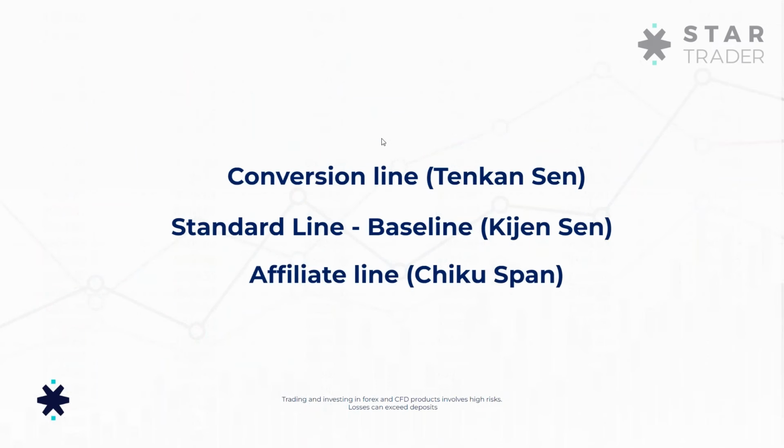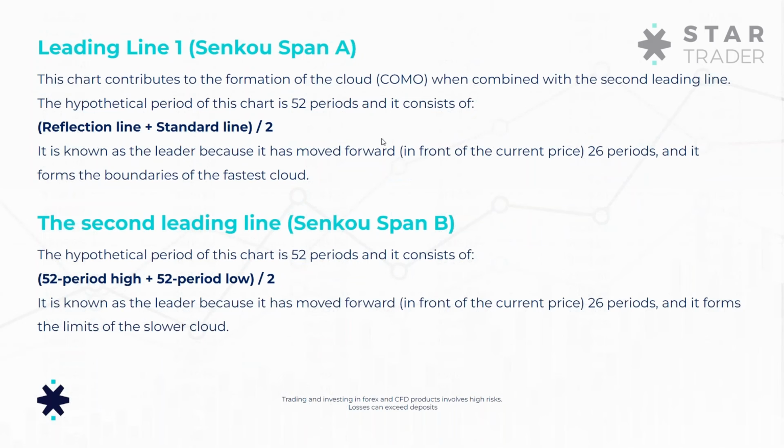So the Chikou span. Okay, so the second leading line, Senkou span B, the hypothetical period of this line is 52 periods, and it consists of the 52-period high plus the 52-period low divided by 2. Just a simple and general discussion, the Senkou span B has this formula to calculate the future of the market, because the cloud is actually telling you the future of the market, right?